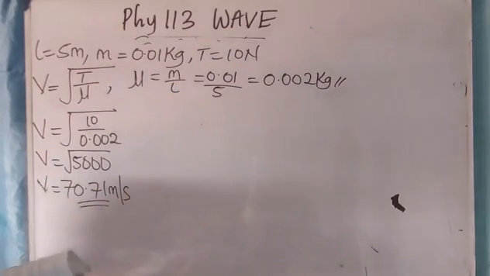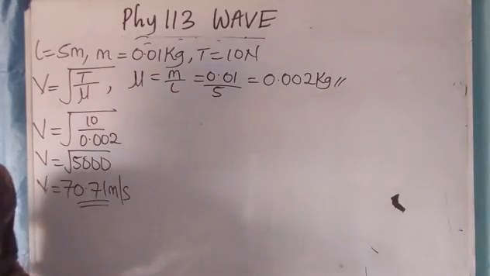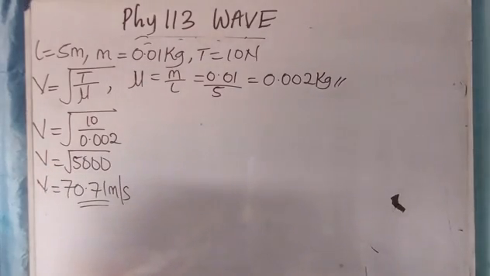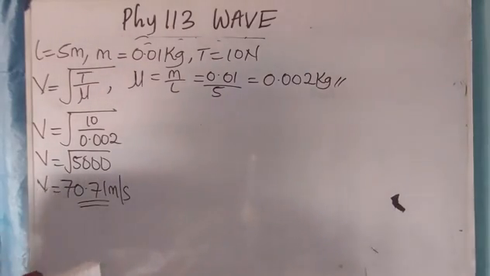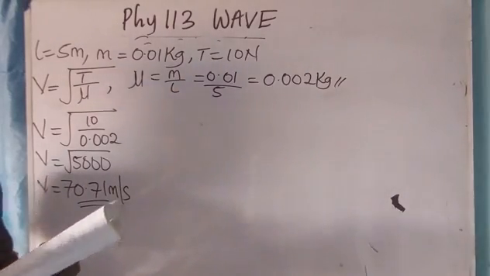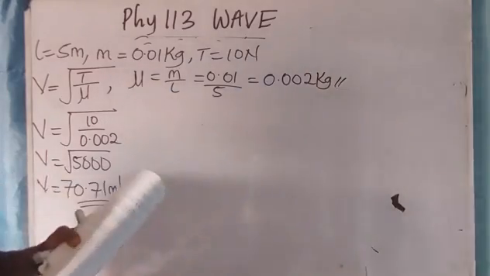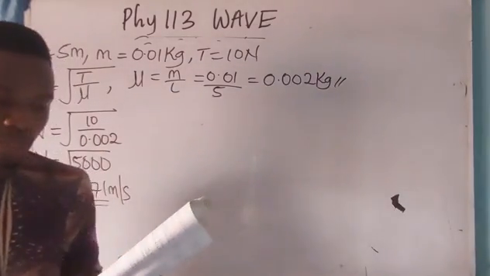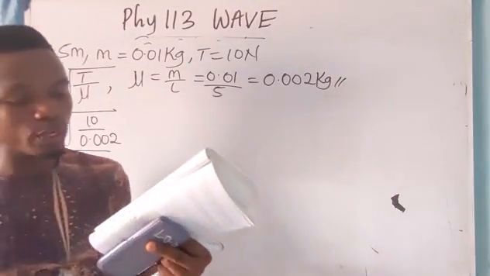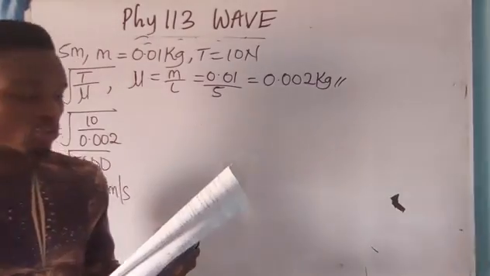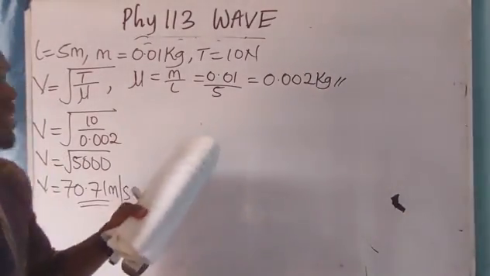So what did they get? They got 70.7, which is very, very correct. So just follow it step by step. Now the next one is, they said a string of length 10 meter and a total mass of 0.001 kg is connected to a mass as shown in figure 4.10.